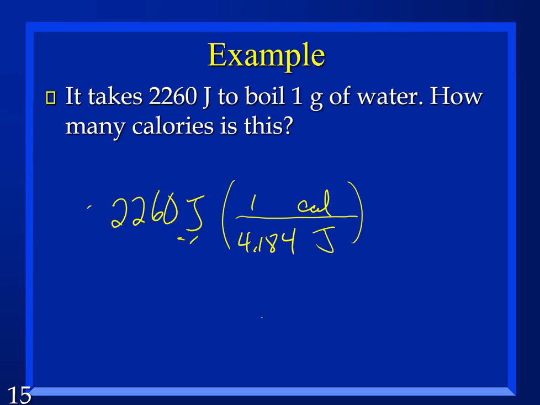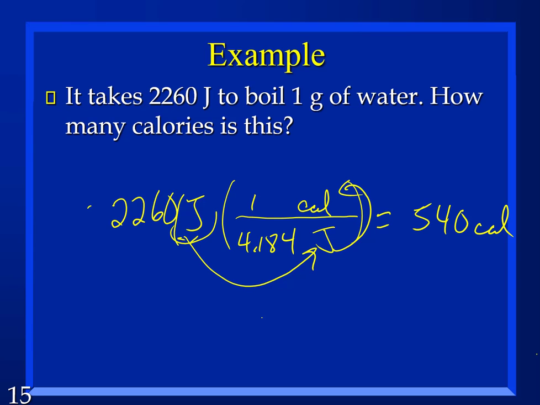So all I have to do is divide the 2260 by 4.184, and I got 540 little c calories. Take the unit you got, put it on the bottom, change it to the unit they asked for. Not new math, just new numbers to put in there.